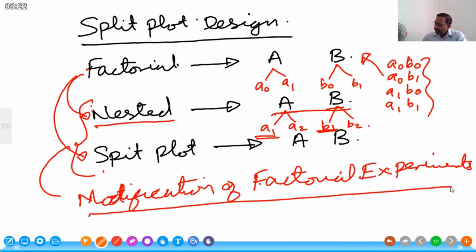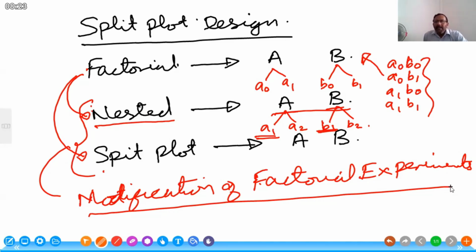So actually, when you have the possibility, you'll have to first choose the factorial experiment. If you are unable to conduct using factorial experiment, then you'll have to think about going for nested design or split plot design. So your first choice should be factorial design, factorial experiment. Right?